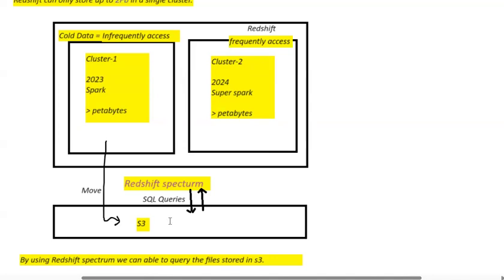The table is stored here in the form of files. We call those files objects under S3, but we call the data stored under the Redshift cluster tables, right?